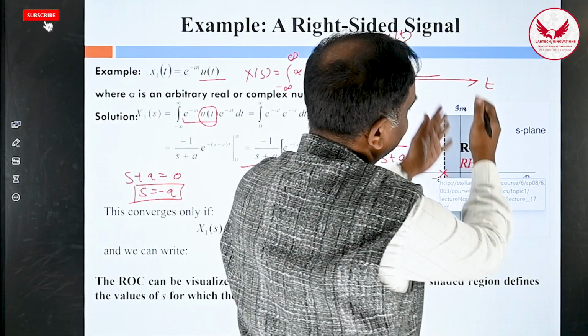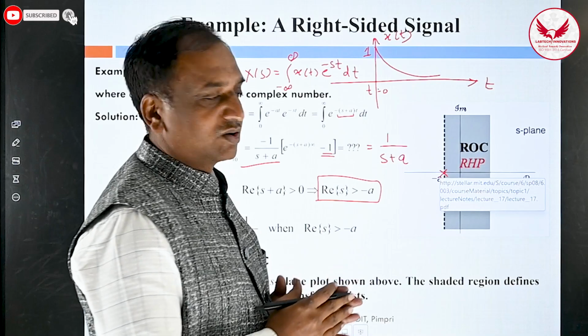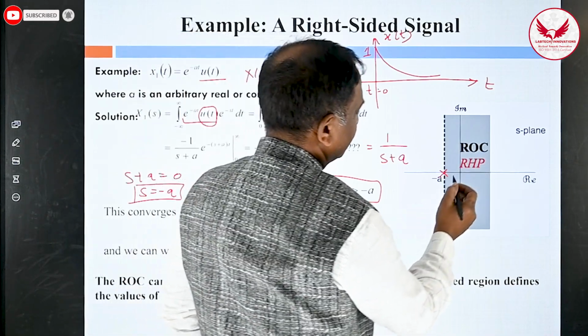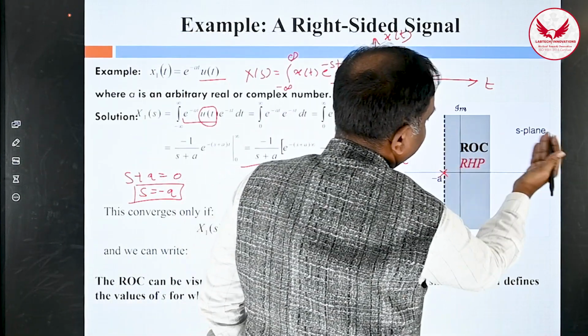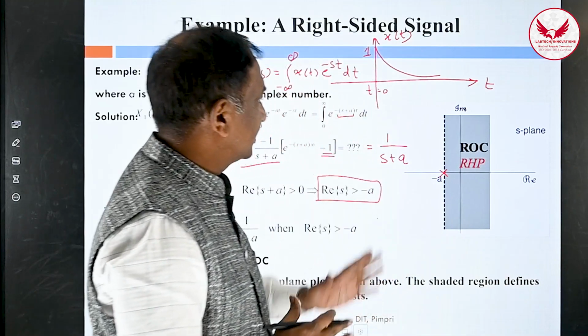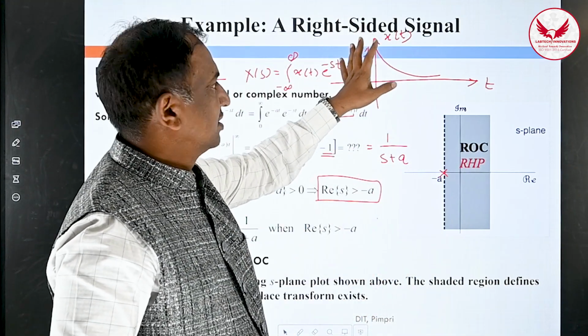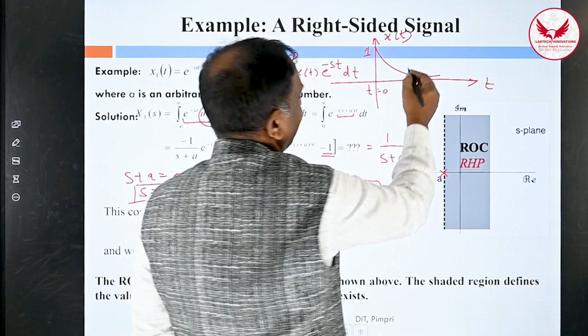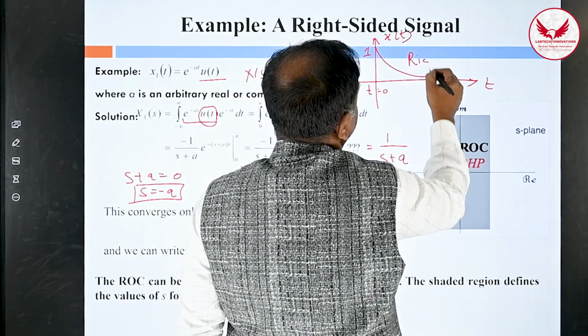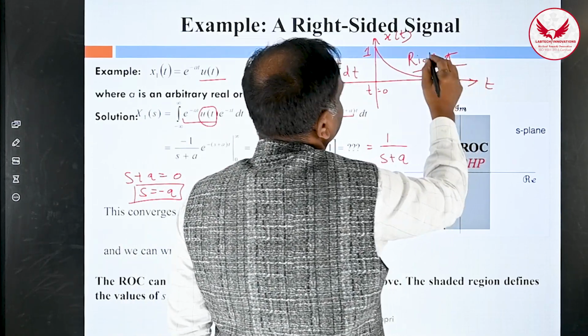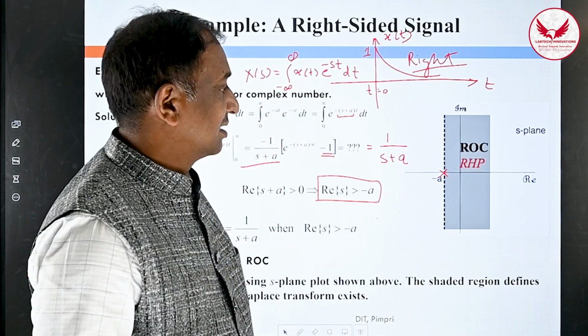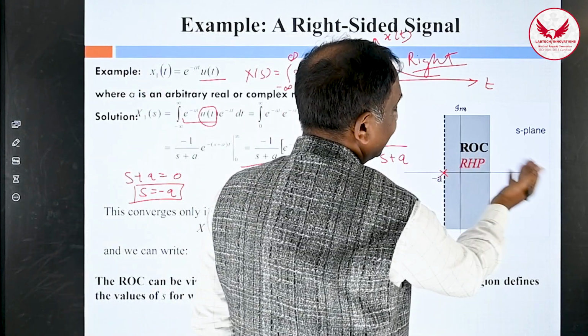So ROC is nothing but a strip parallel to the j omega axis. So this is your ROC. It indicates, if you look at the signal in the time domain, that this signal is a right-handed signal. This is called a right-sided signal. If the signal is right-sided, the ROC is also right-sided.